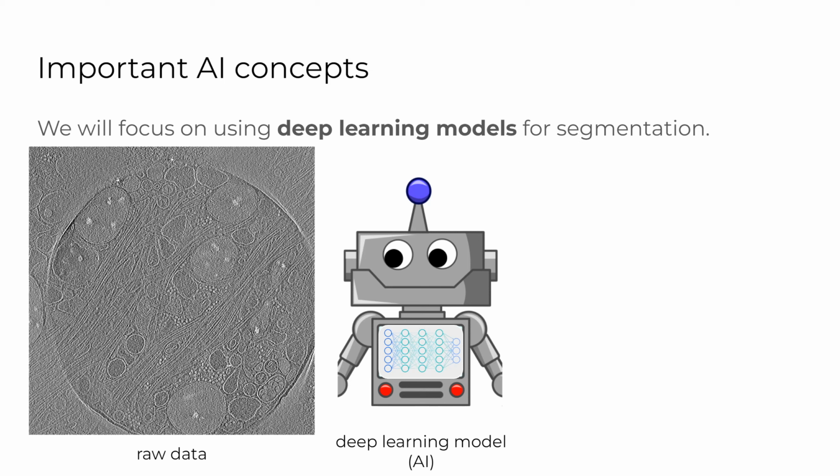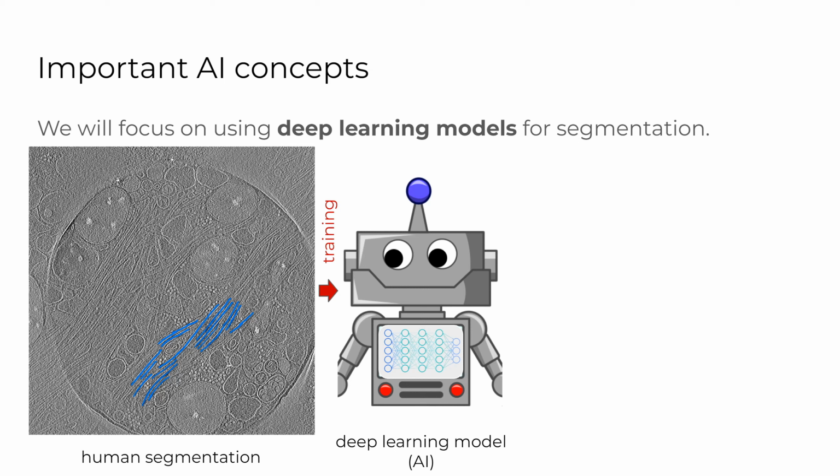It's not an actual robot, but it's an algorithm. The idea is that you have your raw data, and you as a human will provide some examples, like the brush strokes that you see here. This is the ground truth, or let's say training data.